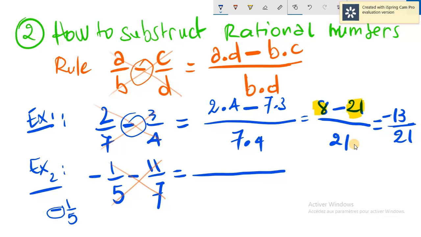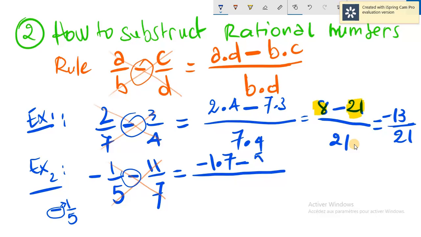When you have negative 1 over 5, that negative does not go to the denominator. The negative here is for the 1. So it is negative 1 times 7. Now here, the operation is minus, so you need to put a minus here. Then 5 is crossed with 11, so 5 times 11.